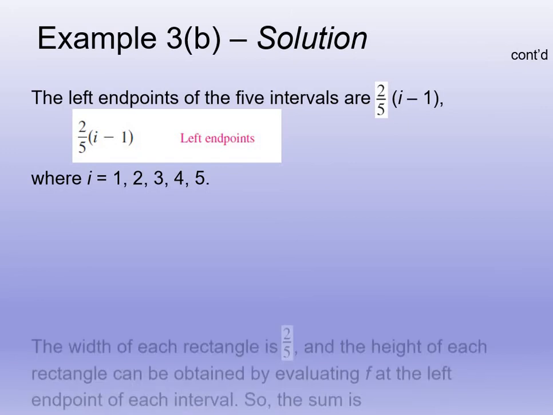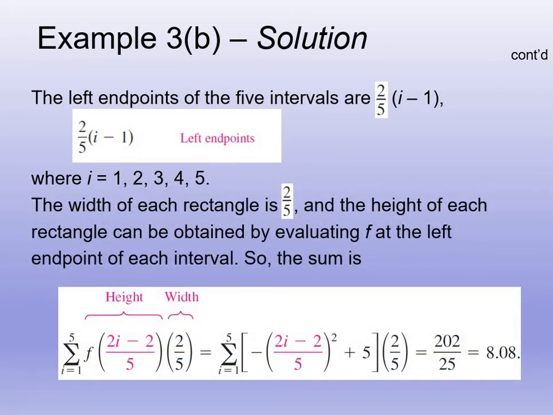Now we're going to substitute in 2i minus 2 divided by 5, because we distributed our 2/5 to our left endpoints. And then we know that the width of each rectangle is still 2/5. Now we just plug the sum into our calculator and get our value. So we have 8.08.